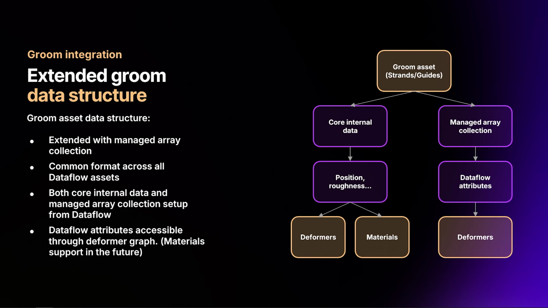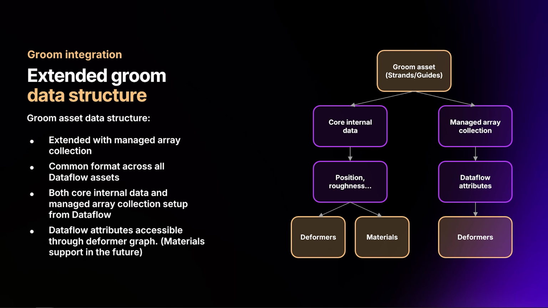The first thing that we had to do was to change the data structure a bit. Before, the Groom was holding strands and guides, which were mainly core internal data that you have to import through the DCC. These data were available in deformers and materials, but it was a rigid set of attributes.